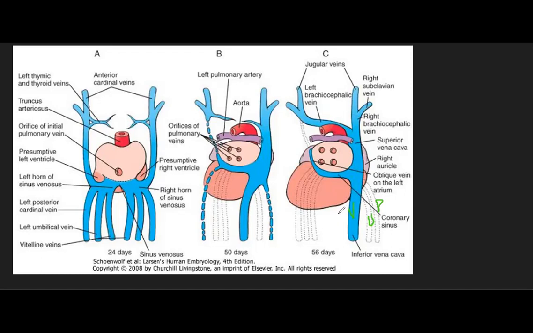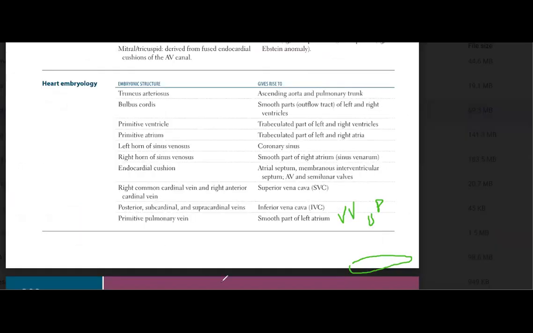If you remember, this was the vitelline vein, okay? So I am extremely sorry. The inferior vena cava is basically formed from the right vitelline vein, and I don't know why they have written posterior subcardinal and supracardinal veins over here, but this is wrong.